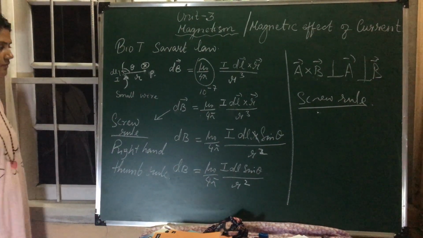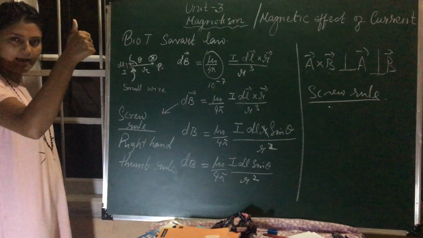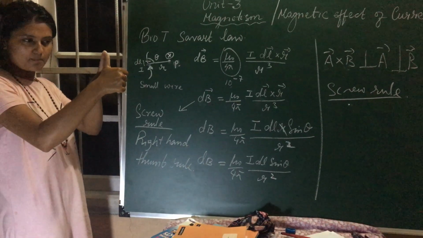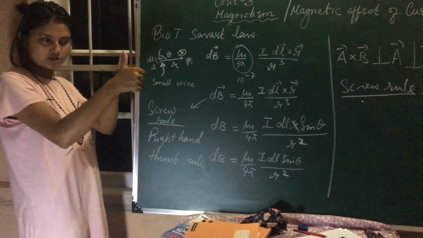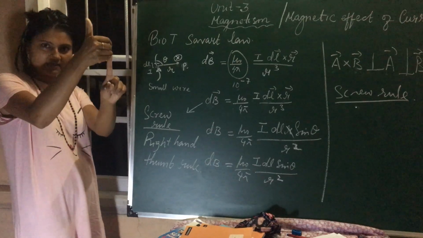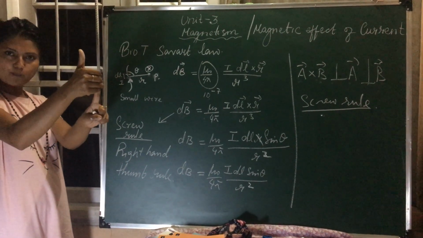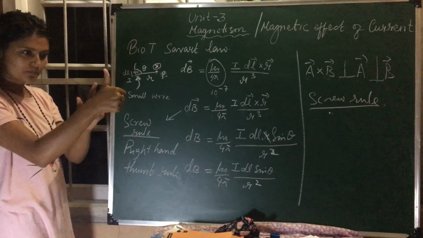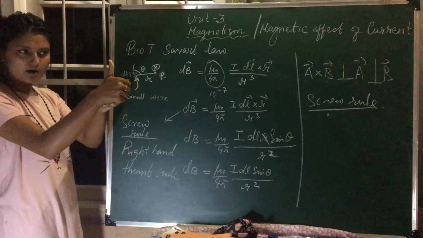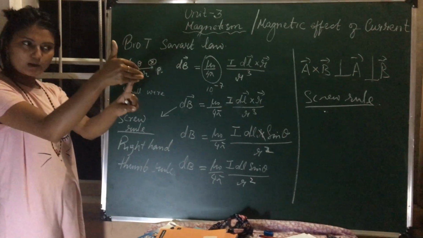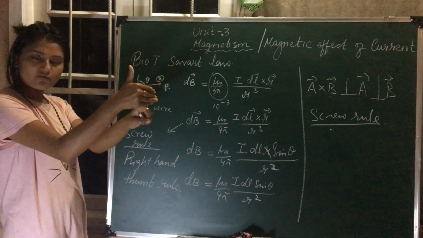What you need to do is take your right hand. Then point the thumb along the direction of the current. Then where the fingers point is the direction of magnetic field. Again I am saying, hold the thumb along the direction of the current, and where the forefinger will point is the direction of magnetic field.